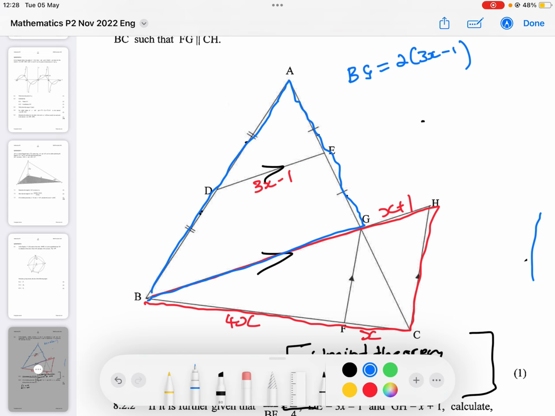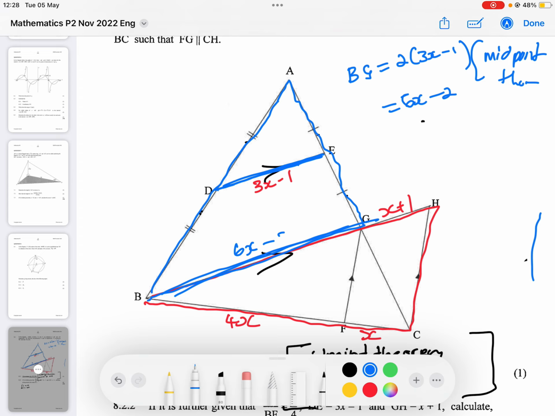According to the midpoint theorem, when this line is parallel to this line, BG is 2 times DE. You can give the reason: midpoint theorem. Now you can solve: 2 times 3x is 6x, 2 times minus 1 is minus 2. So it means that BG is 6x minus 2.